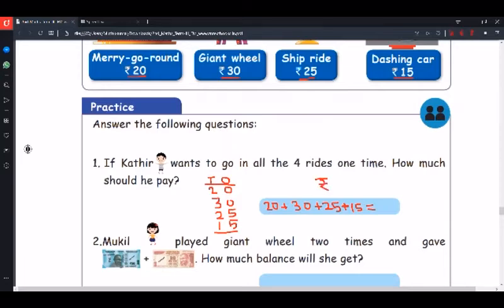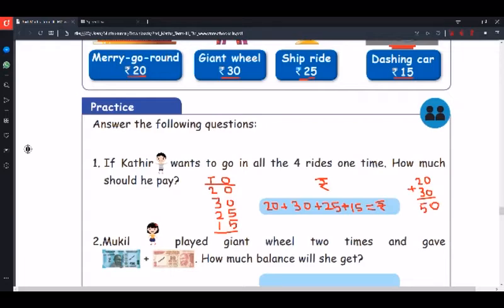So 20 rupees plus 30 rupees plus 25 rupees plus 15 rupees. So add first 20 plus 30. What is 20 plus 30? Put plus sign and then add. 0 plus 0, 0. 2 plus 3, 5.